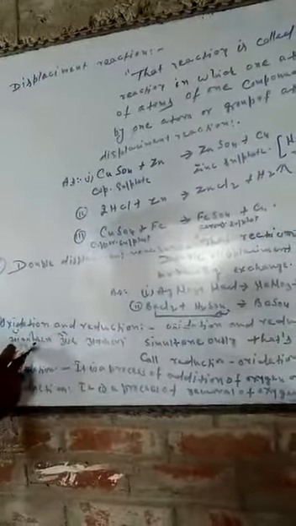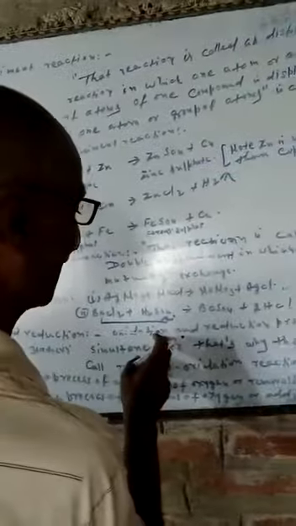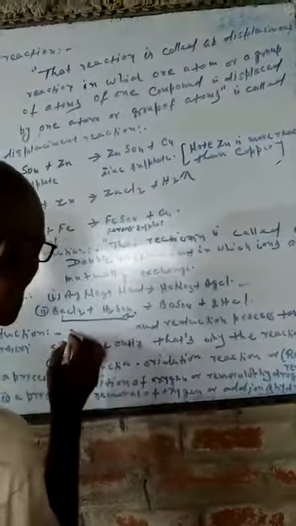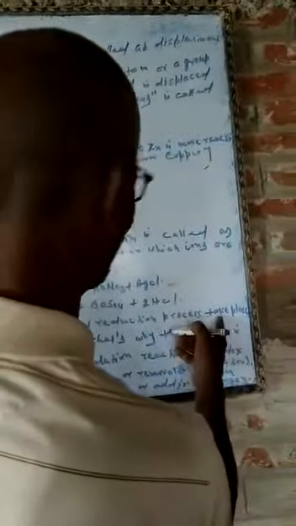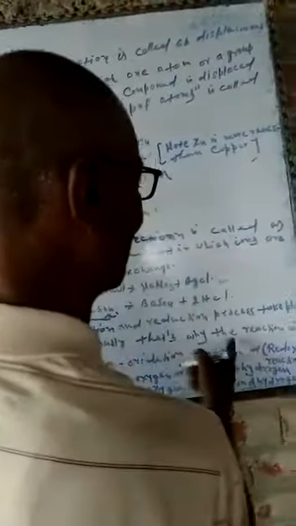Oxidation and reduction processes take place simultaneously. That's why the reaction is called reduction oxidation reaction, or this is also known as redox reaction.